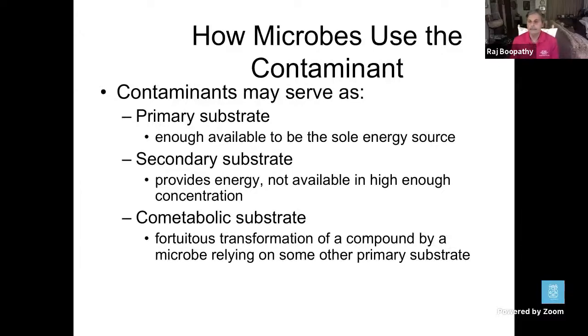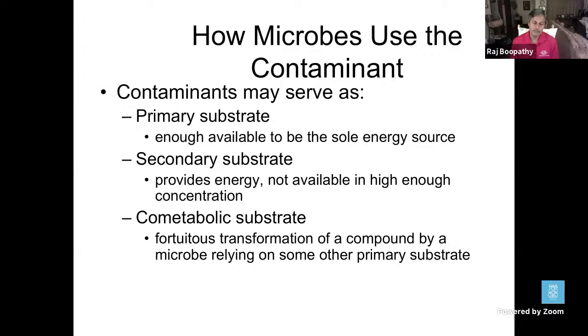Revisiting the degradation process, there are three ways to do it. The best way is for the microorganism to use the contaminant as primary carbon source. If that is the case, then that's the easiest way to go, because the organism is using the contaminants such as TCA as sole carbon source, or oil components as sole carbon source.